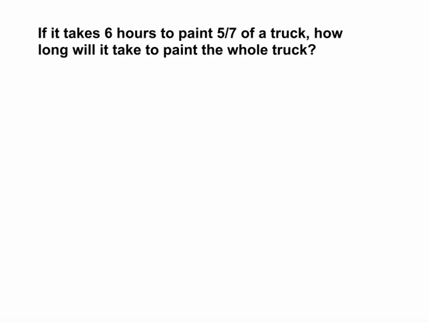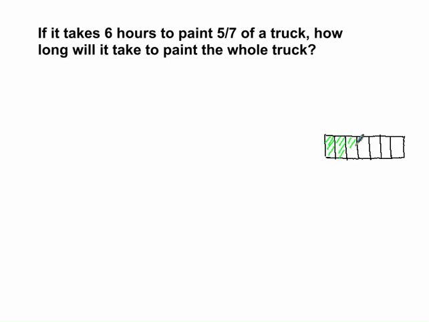The first thing to understand is what 5/7 means. If we think of this as a unit bar, and this whole thing is the truck, 5/7 is saying we're taking that truck and dividing it into 7 parts. In 6 hours' time, we are able to paint 5/7 of the truck, and 5/7 would look like this.